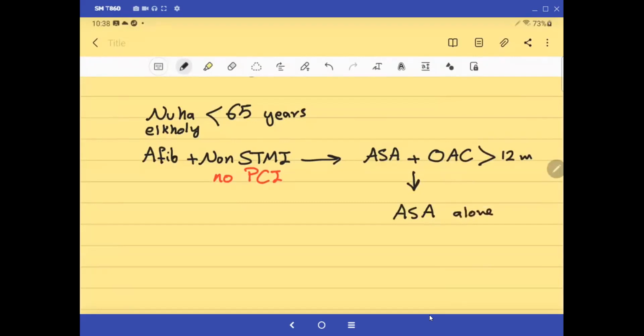She will use aspirin plus ticagrelor or clopidogrel for 1 year. After 1 year, she will be only on aspirin. Prasugrel is preferred if the patient has PCI. If the patient doesn't have PCI, clopidogrel or ticagrelor is preferred. Yeah, I remember now.